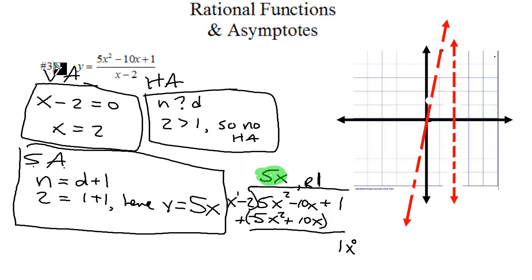So over here you can see my graph. I really need to extend this, and I'm going to make this so that it's not to scale here on this picture. So here's my slant. Let me make that dashed.